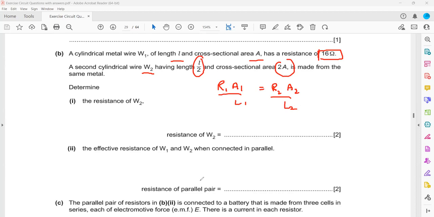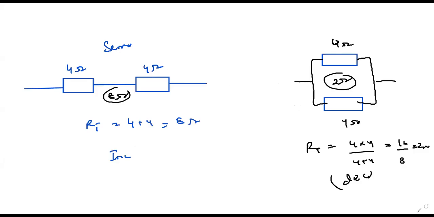This is the formula when we are using a wire made from the same material but with different length and cross-sectional area. So the formula is R1, the resistance of the first part, A1 divided by L1 equals R2 A2 over L2.